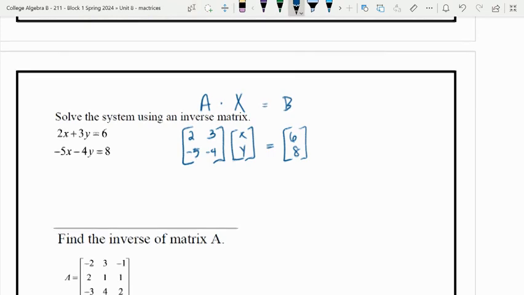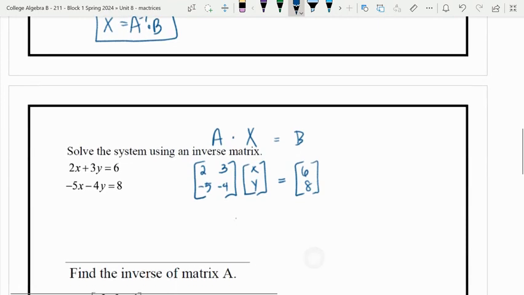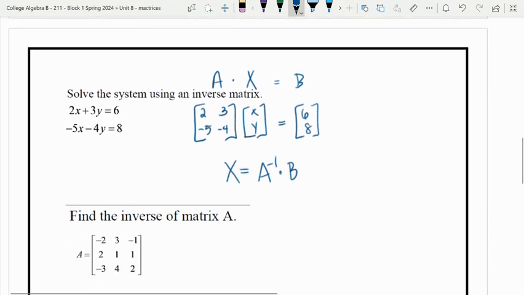So to solve this, X matrix now equals A inverse times B. So that means I'm going to find the inverse of A and multiply it times B. So the inverse of A is 1 over 2 times -4 is -8 minus -15 times again that matrix. So -4, 2, and switch, these become opposite.